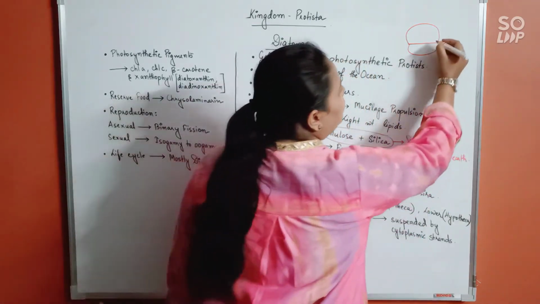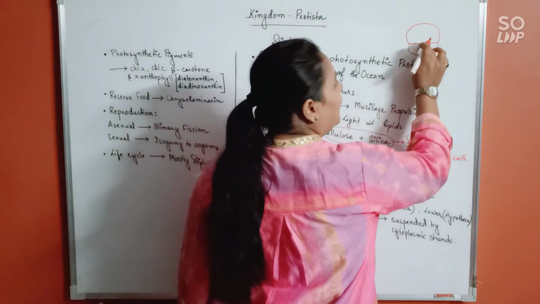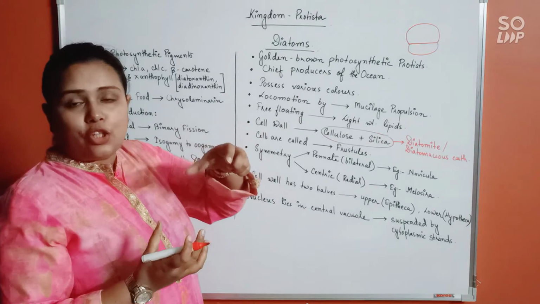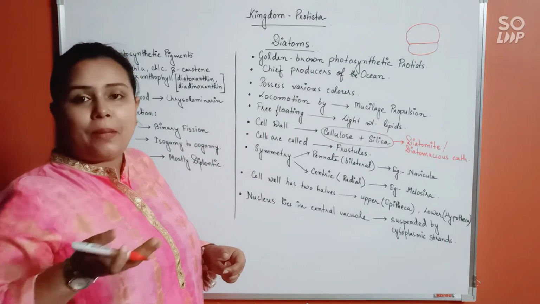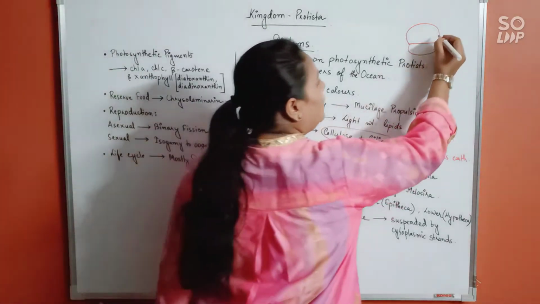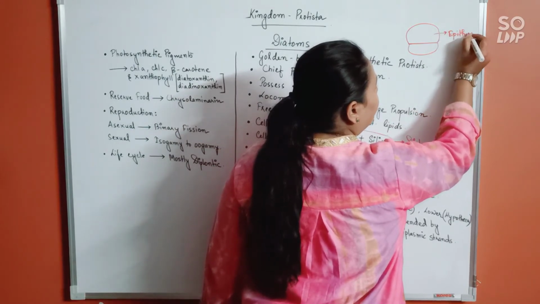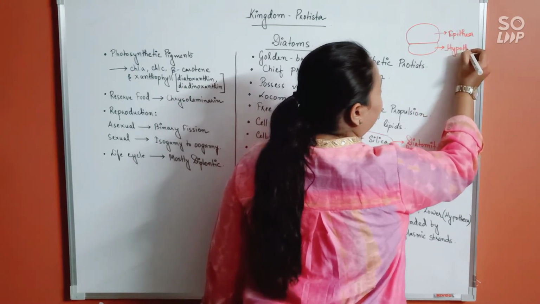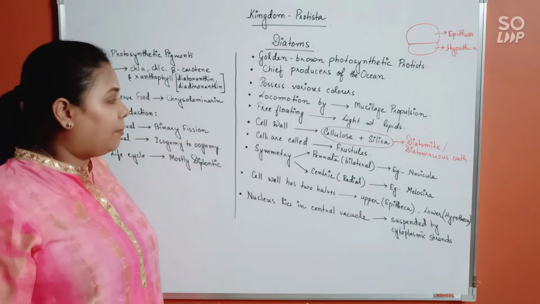The upper half, as you can see, is slightly larger than the lower half, and they remain in a manner as if they fit into each other like a soap box. Just like a soap box has a lid and a base, and the lid and the base fit into each other, just like that epitheca will fit into hypotheca. Alright, this is a very important point for you to remember.